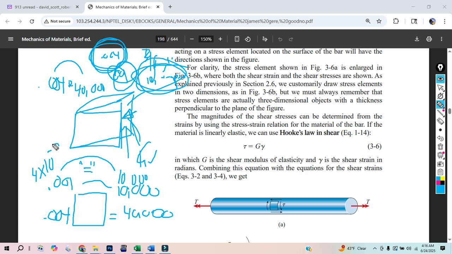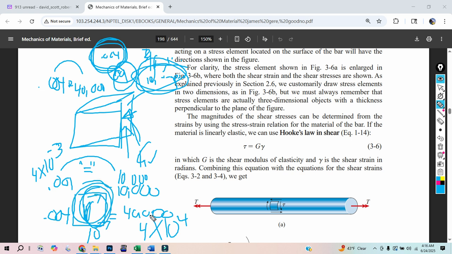This is 4 times 10 to the negative 3. This is 4 times 10 to the 4. And so what do I need to multiply this by to get to that? I need to have 7 zeros, so I need to multiply by 10 to the 7. And that's what we just said, 10 to the 7 is the number that I need to multiply.